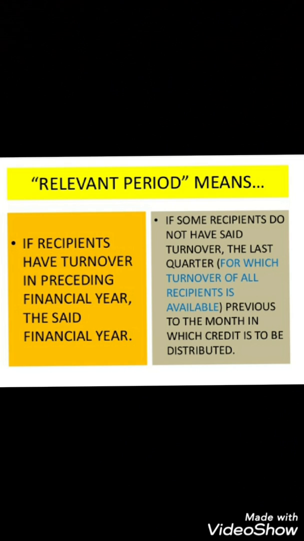Suppose that we have a newly set up branch and we don't have its financial year turnover, then the last quarter for which turnover of all recipients is available previous to the month in which credit is to be distributed is to be taken as relevant period, and on the basis of that input tax credit will be distributed to all the branches.